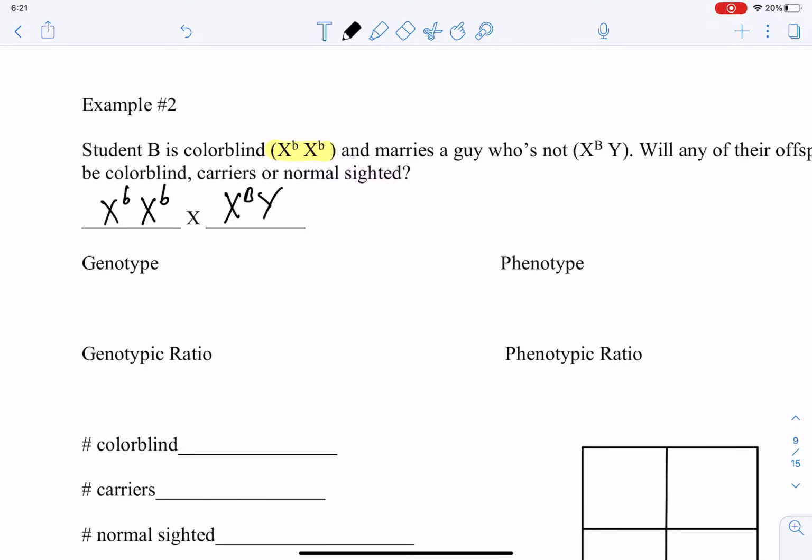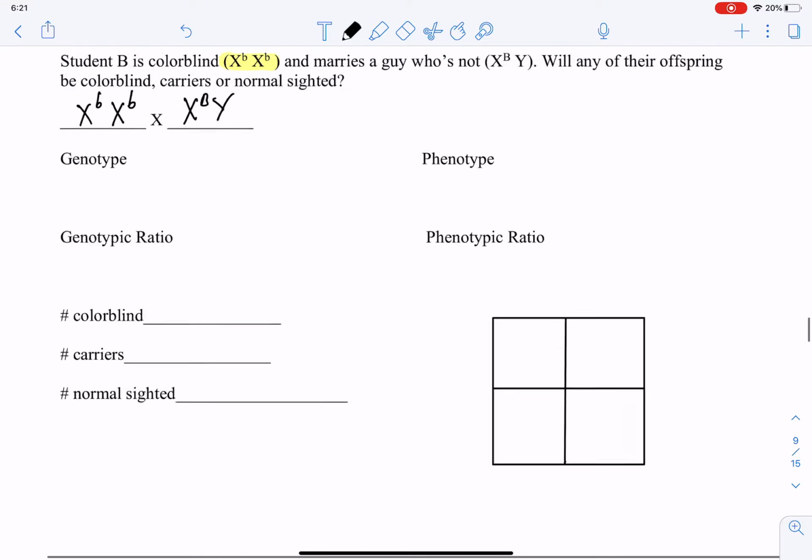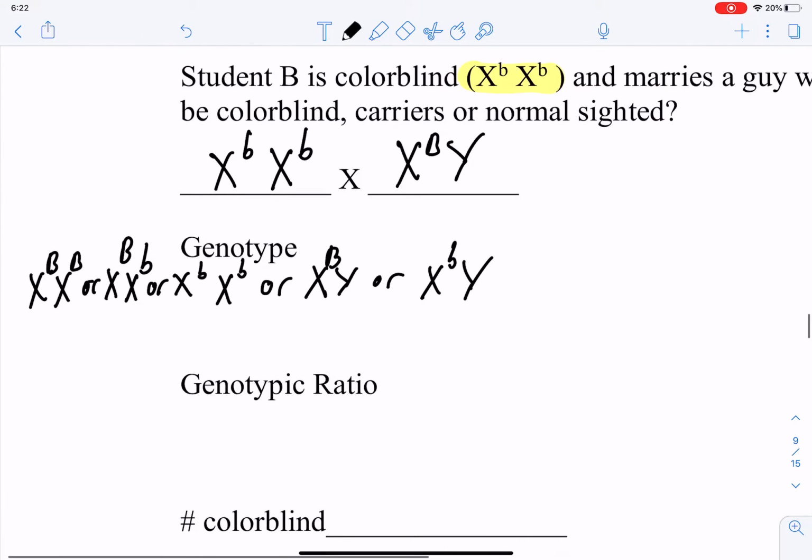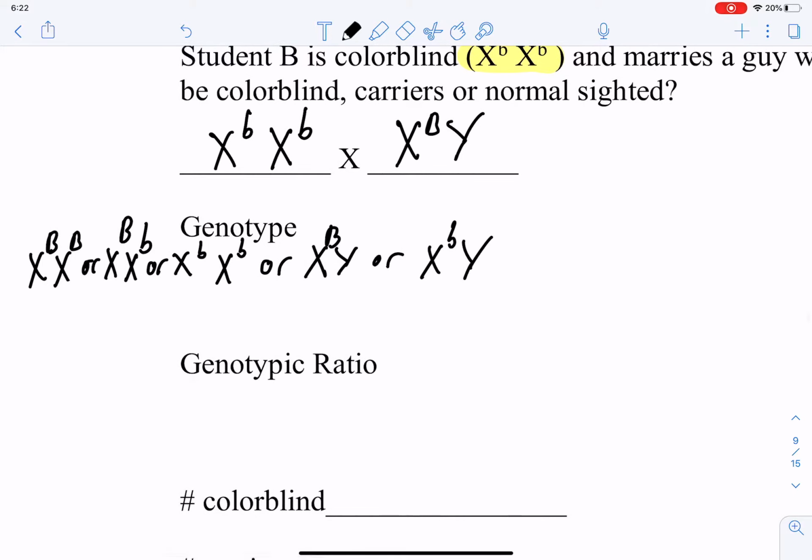So our genotypes, well, let's figure out, we can do X big B, or X big B heterozygous, X little b. And then we can have our males. All right, so we have our 3 female options and our 2 male options.